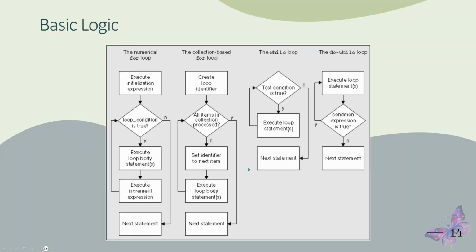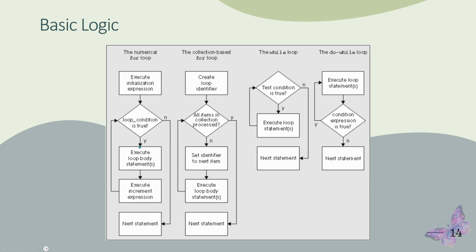Now the basic logic. If you have trouble memorizing all the loops, here is the diagram. This is a numerical for loop. Here we execute the initialization expression, then the loop condition.